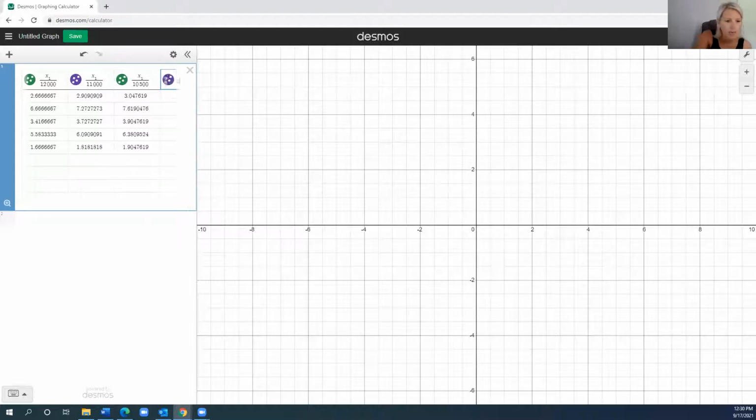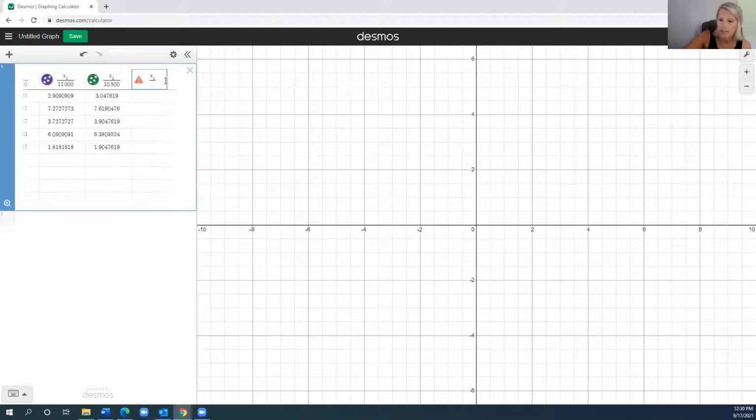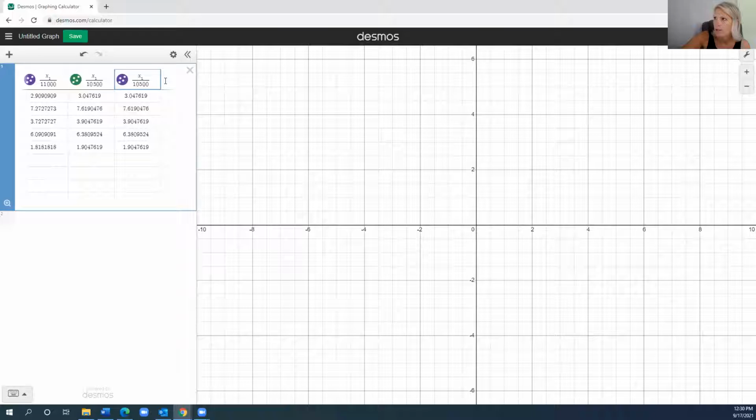So I'm taking X1 and dividing by 10,500. Okay, so my modified quota: 3.0, 3.05, 7.62, 3.9, 6.38, and 1.9.